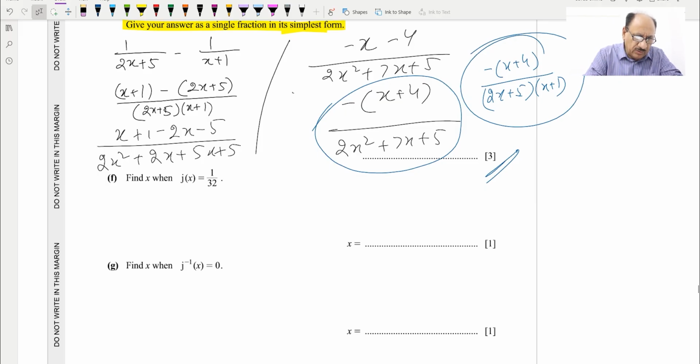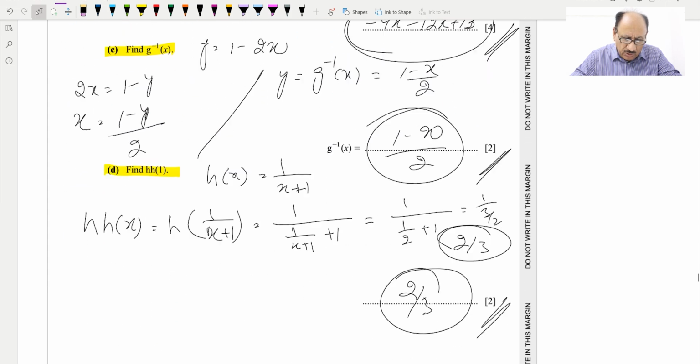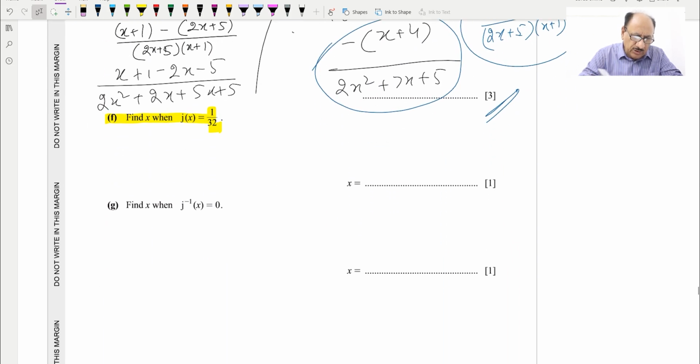Now for the next part, F part, they're saying find x when j of x is equal to 1 over 32, and j of x, if we check from the main question, j of x is equal to 2 raised to x. So it means 2 raised to x is equal to 1 over 32, which we can write as 1 over 2 raised to the power 5.